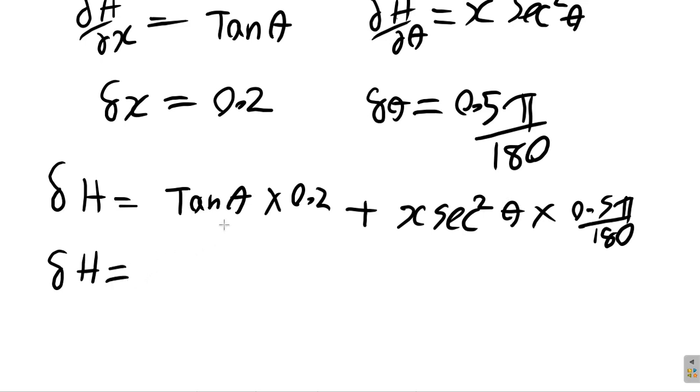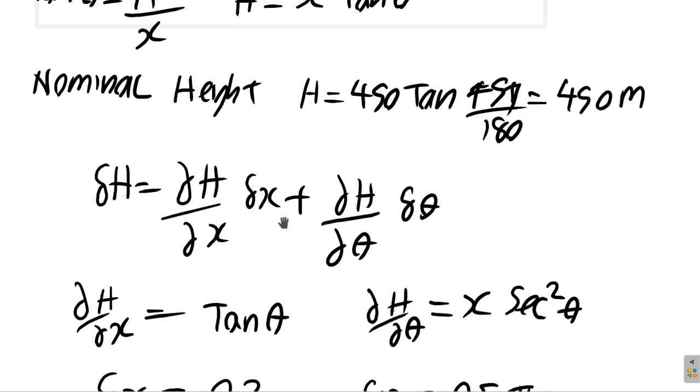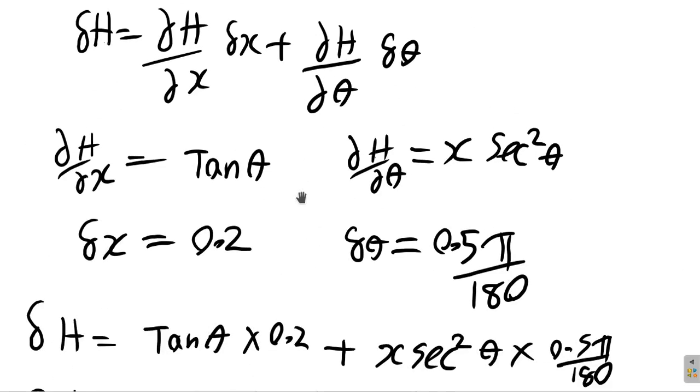Small change in h is equal to, now this small change in h is the plus or the minus. Tan theta, theta is 45.